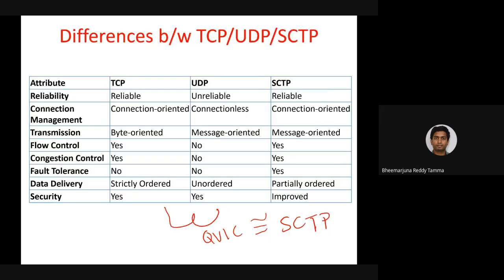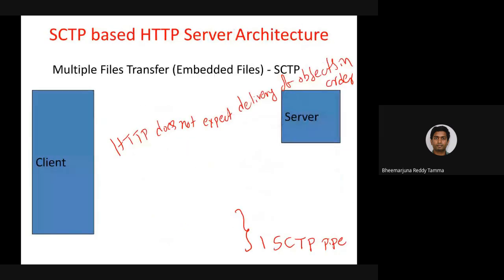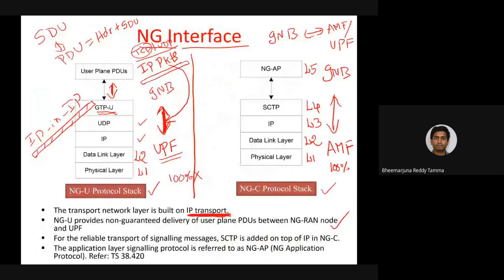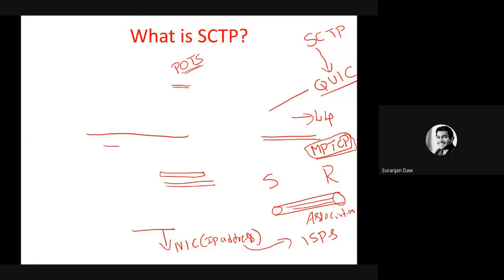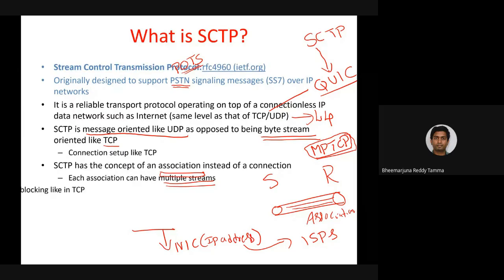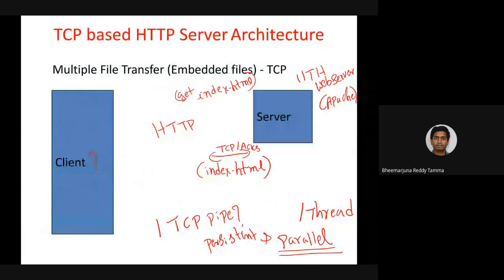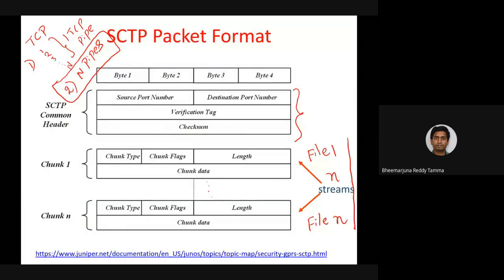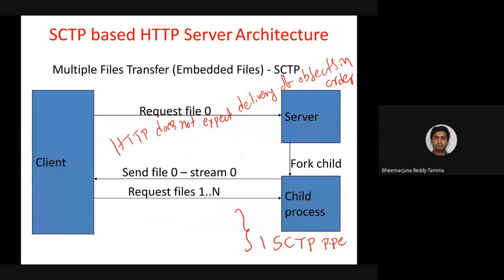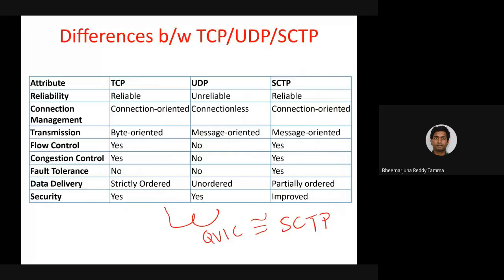Okay, if I want to go back and see the NG interface, I'll show you again. So this is the NG interface. Okay, some animation. Just bear with me. Going back is easy, but coming forward is taking time.